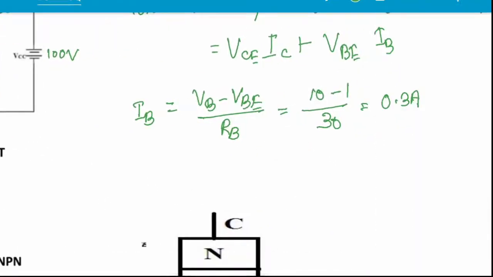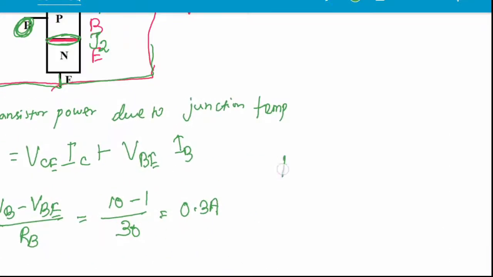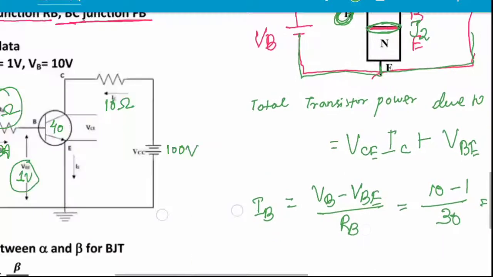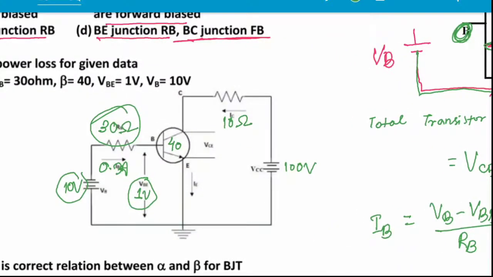Next, beta is given, and we know that beta is equal to IC by IB. So IC will be beta IB, which is 40 into 0.3 ampere. This is coming to be 1.2 ampere. So IC we are getting 1.2 ampere.